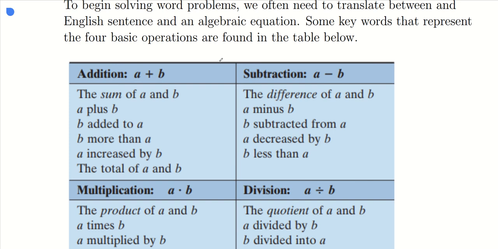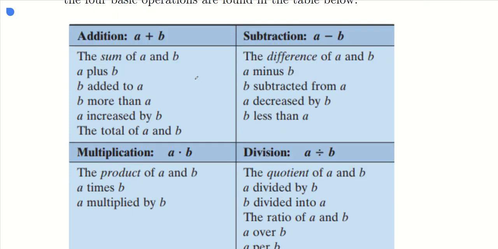Okay. In order to help us out along the way, there are some common English phrases for the four basic operations. For the operation of addition, sometimes you'll hear the phrase sum, something plus something, something added to, the phrase more than, increased by, or even total.